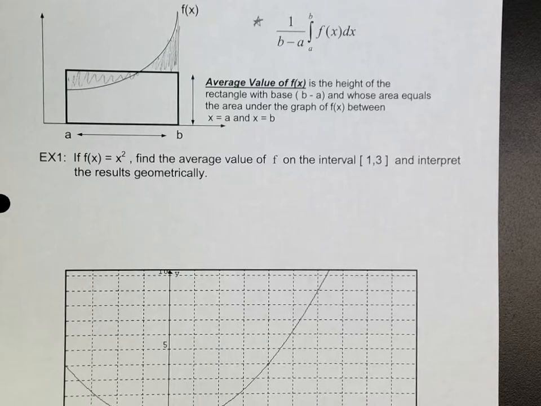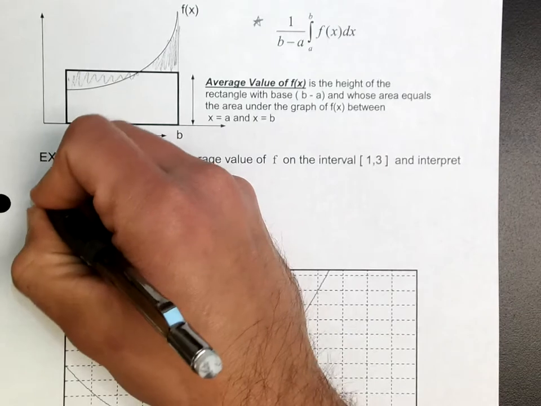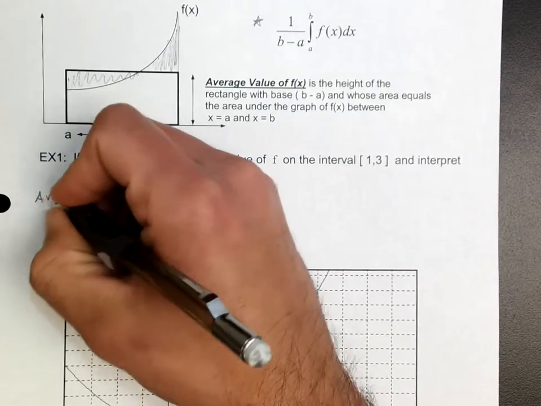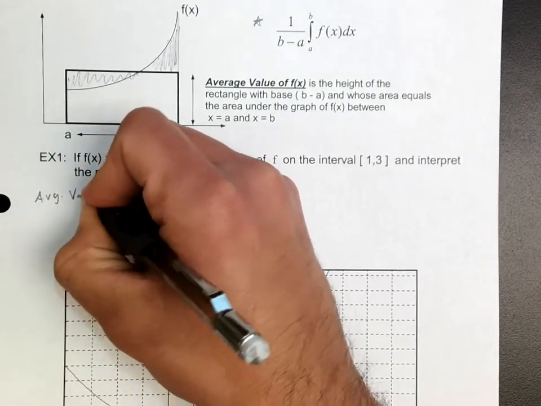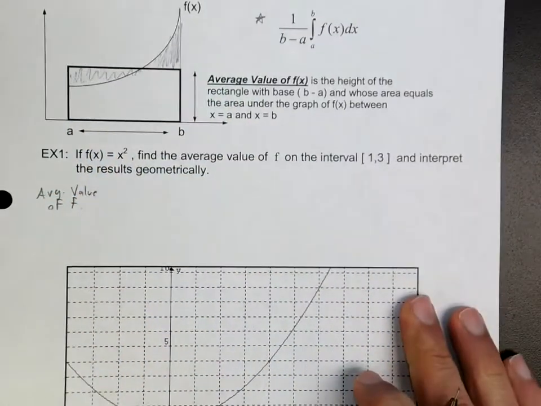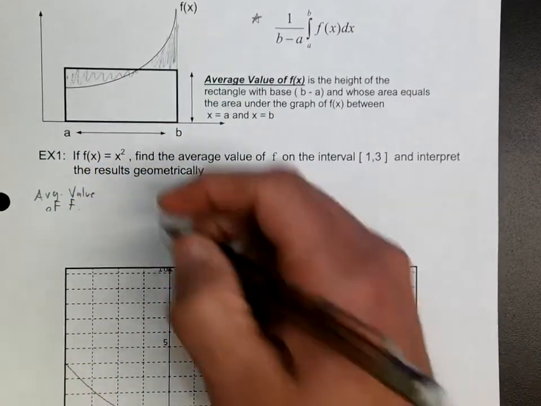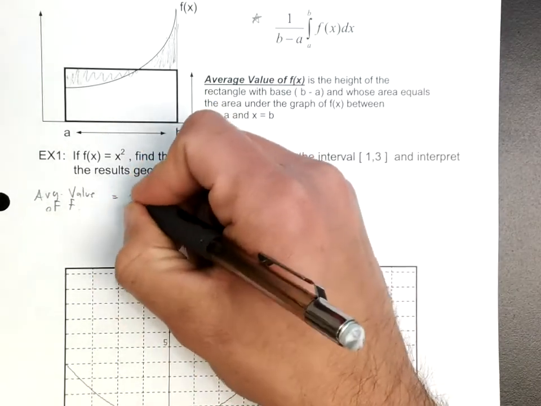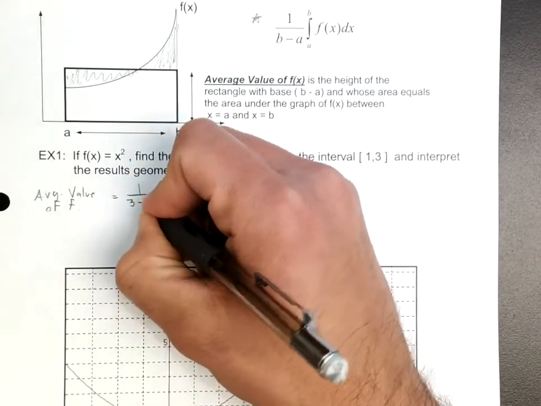So on this one right here, they're asking us to find the average value of f on the interval between 1 and 3 and interpret the results geometrically. So the average value of f, and again I'm doing this with a pencil, so there's a lot of room for error here, is 1 over 3 minus 1.